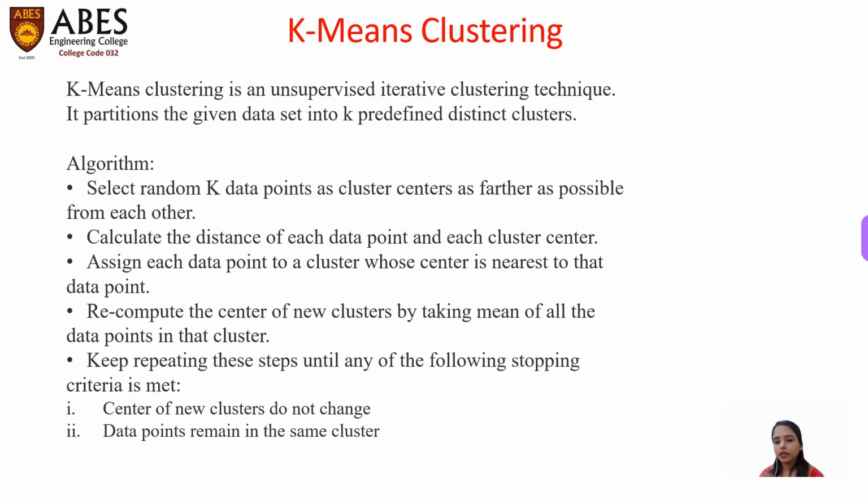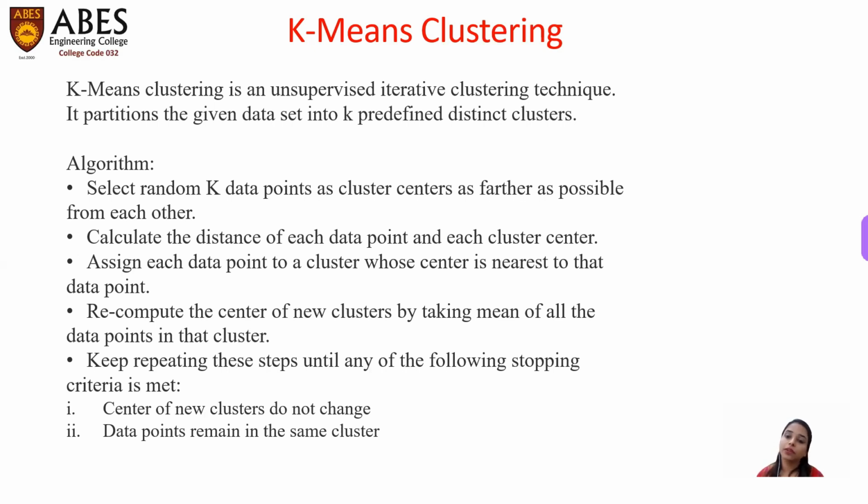Then we calculate the distance from each data point to each cluster center. Then we assign each data point to the cluster which has the lowest distance. So first we compute all these steps.